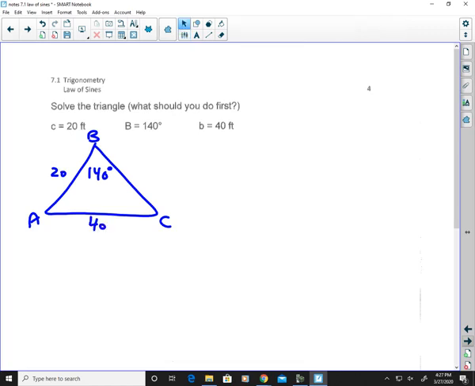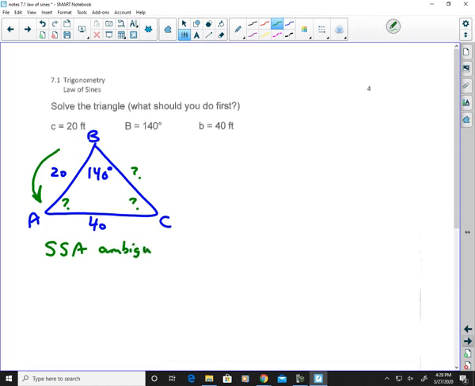As I look at this triangle, it looks like I have an angle-side-side, also known as a side-side-angle, ambiguous case. So that means that there's a possibility of 0, 1, or 2 triangles. So we'll have to watch out on this one.